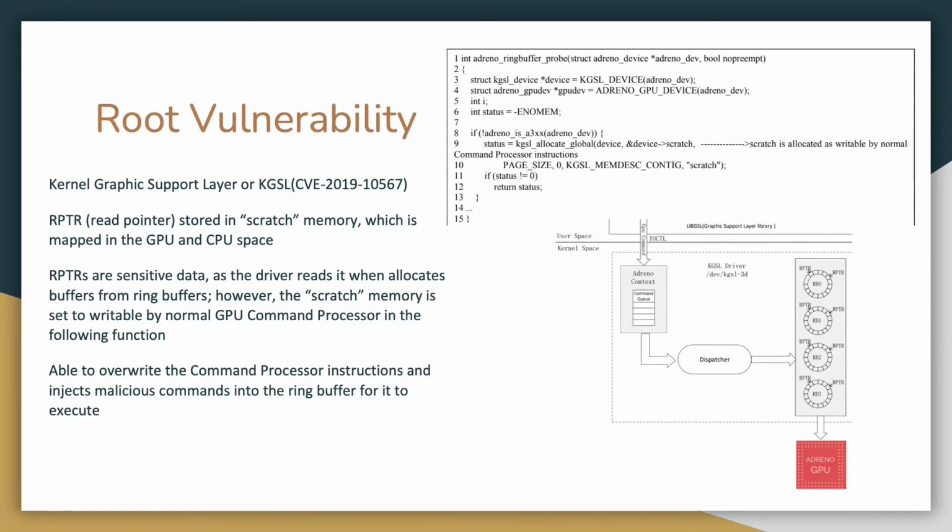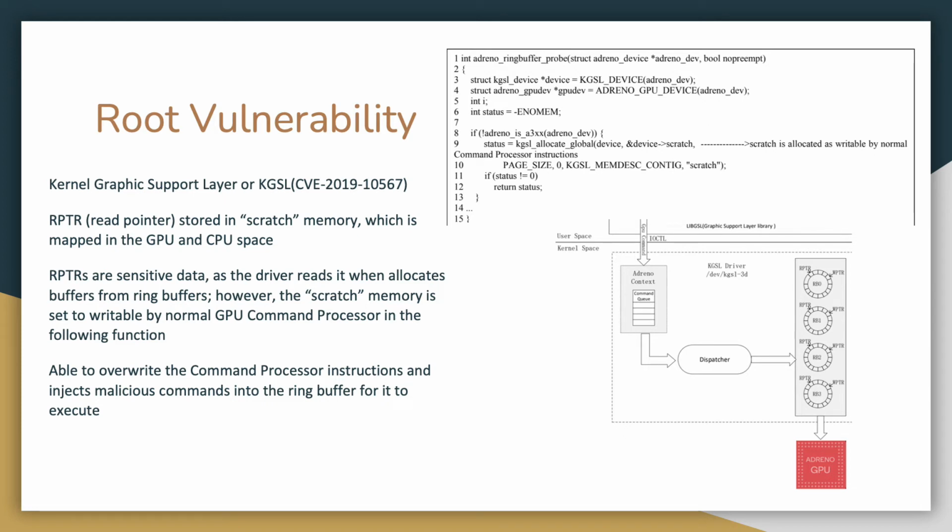The last exploit on the chain is the root vulnerability, and this involves the kernel itself. There's a thing called the read pointer that's stored in the scratch memory, and this is where it goes wrong: for some reason the scratch memory is set to writable by normal GPU command processors in the following function.